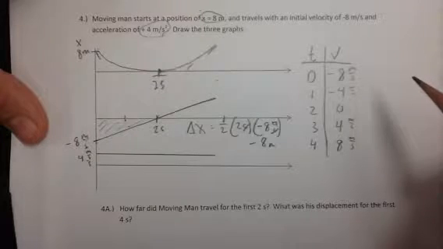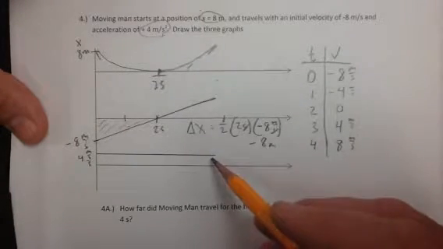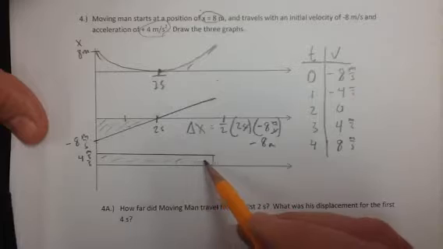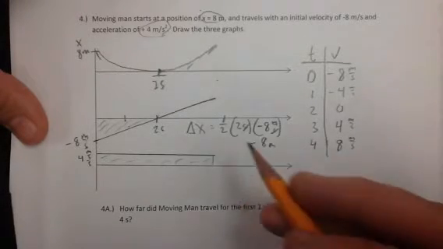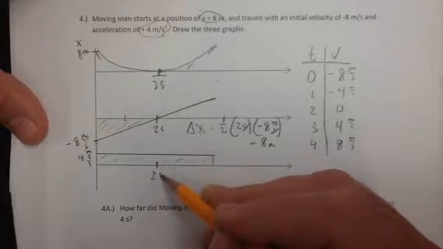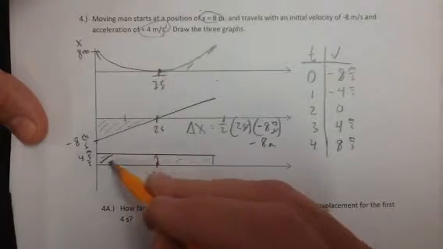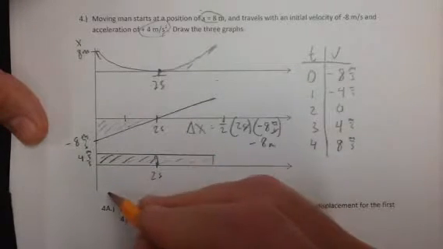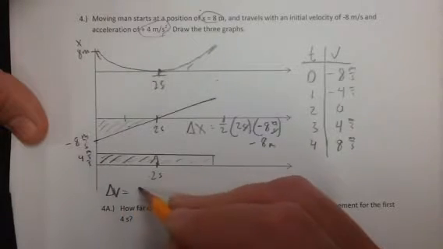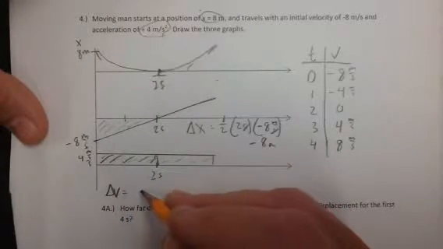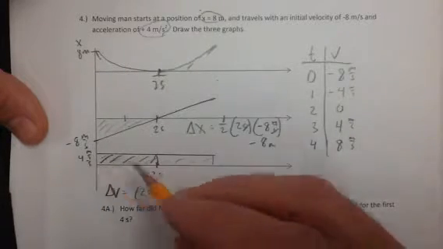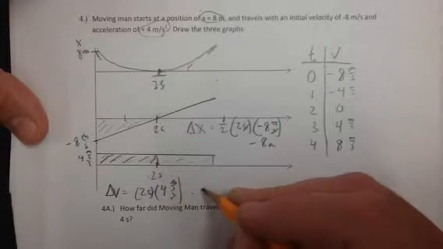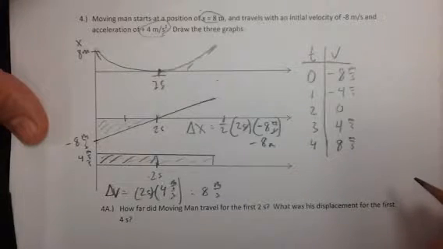We can also tell from the acceleration graph, we talked about the fact that the area of this graph tells the change in velocity. So let's look at the first 2 seconds. If we look at that area right there, that area represents a change in velocity, which is length times width, which is 2 seconds times 4 meters per second squared, giving us a positive 8 meters per second.